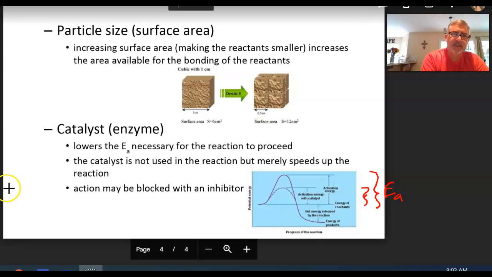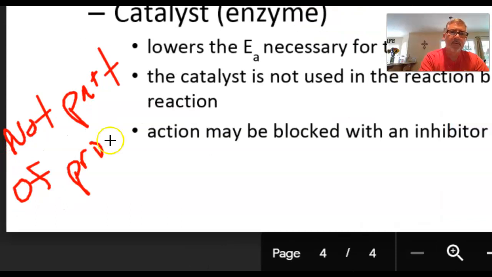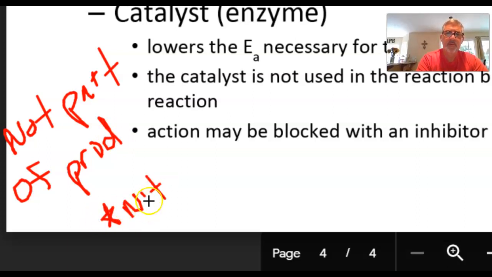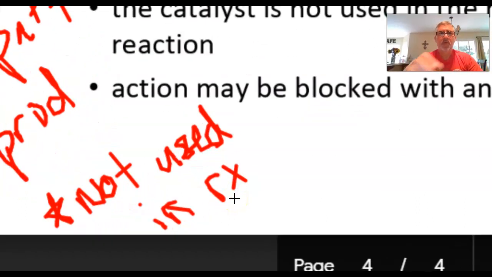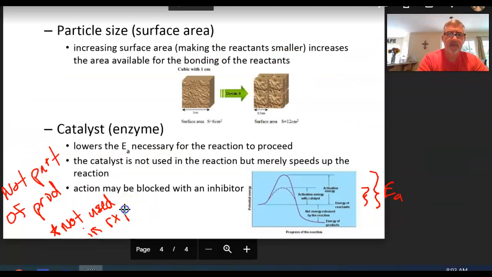Remember, important things to know about the catalyst is it's not part of the product, or you can say it's not used in the reaction.